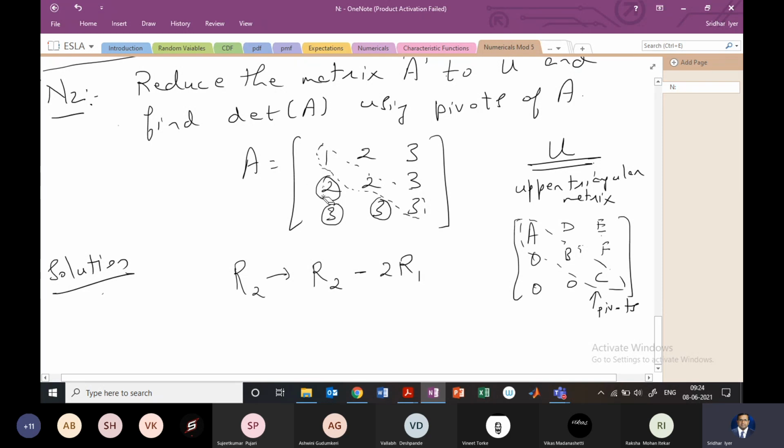So I'll have 2 minus 2 times 1. So 2 minus 2 will give me 0. So this element will turn to be 0. The other thing which I can do is R3 minus 3R1, right? Because then I'll have 3 minus 3 into 1.